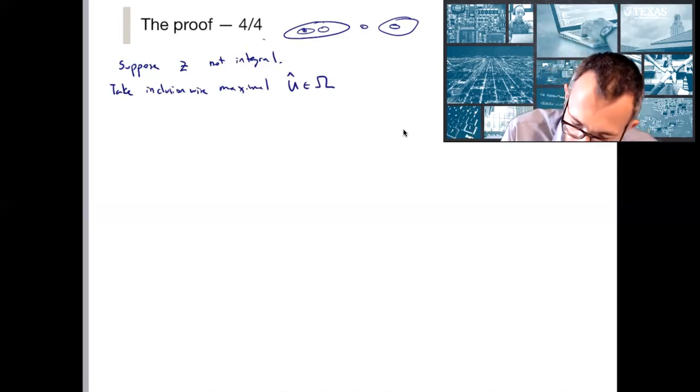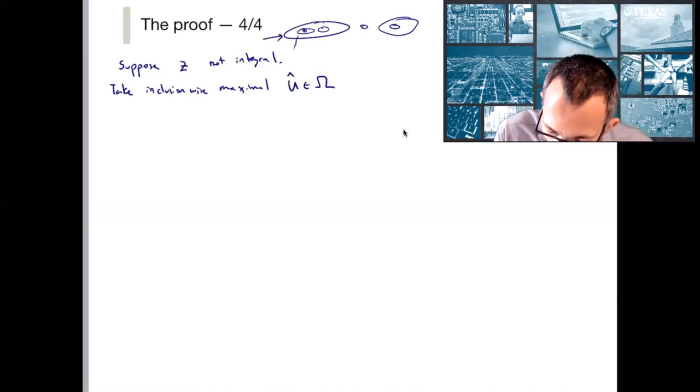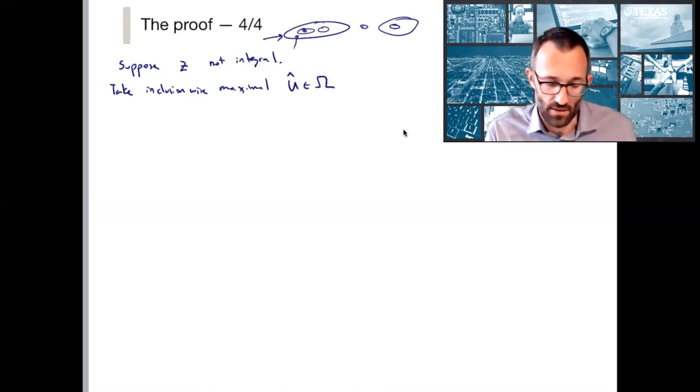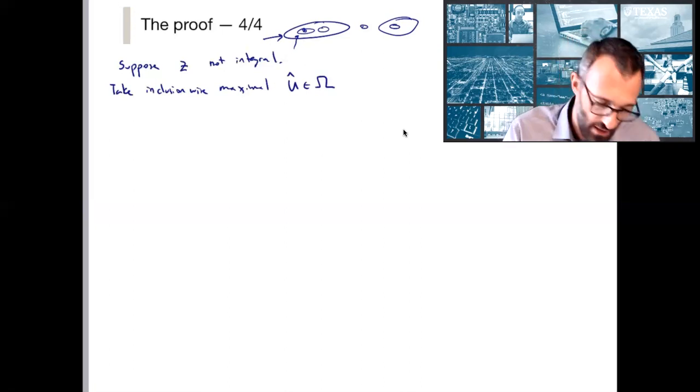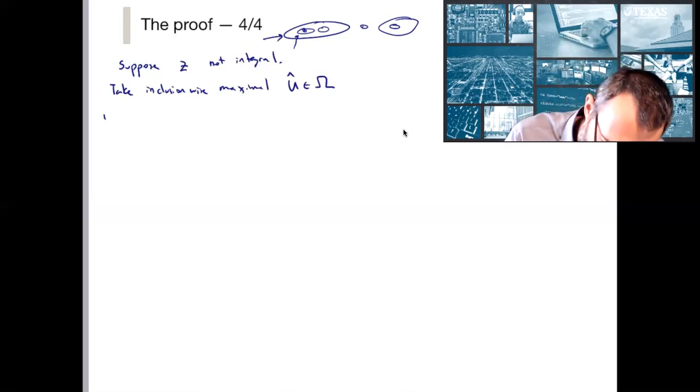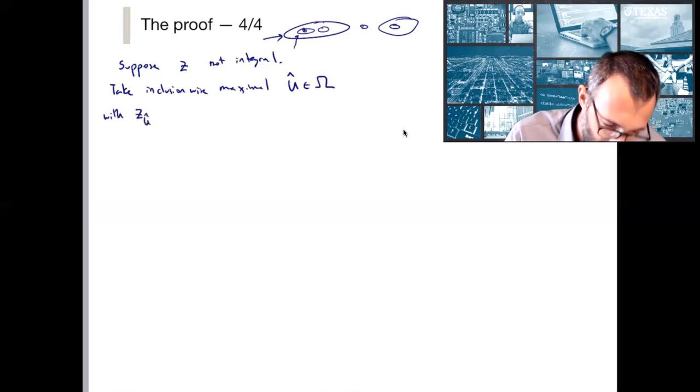That doesn't mean that I'm going to take the outside one. Perhaps the outside one is integral, and I have to take the one inside. But nevertheless, there certainly is an inclusion-wise maximal u hat whose corresponding variable z u hat is non-integral.